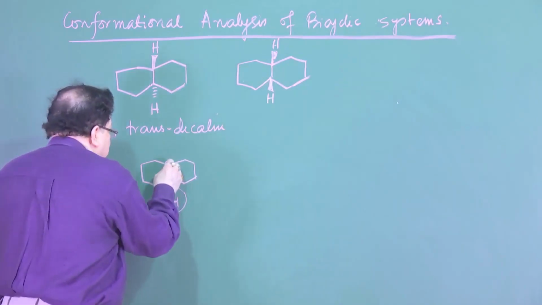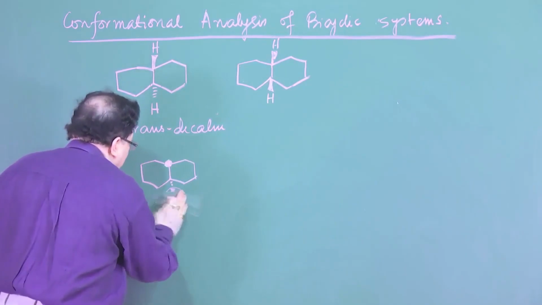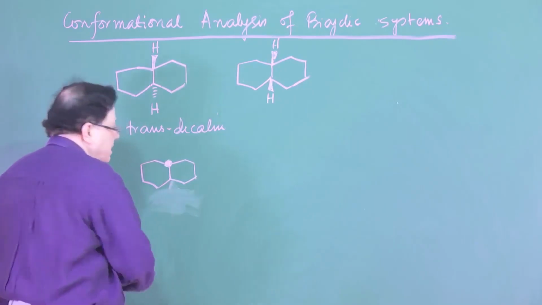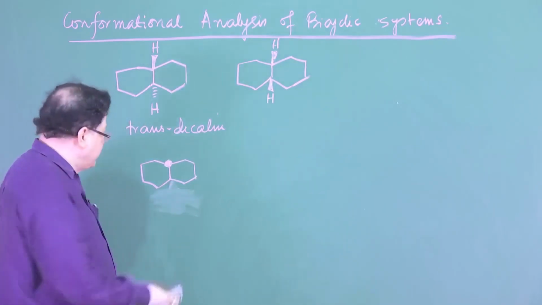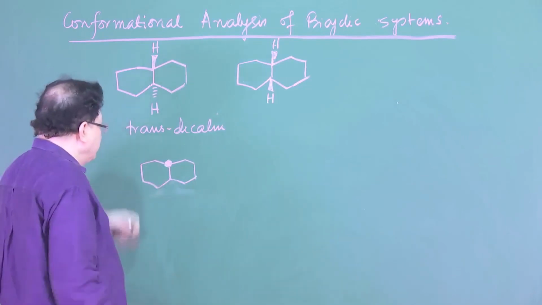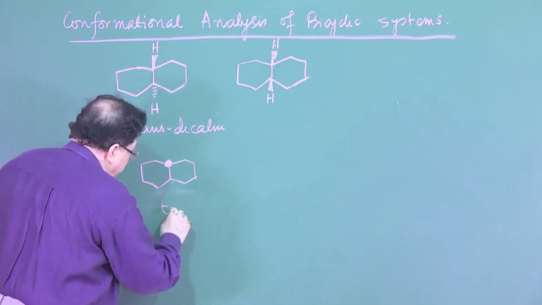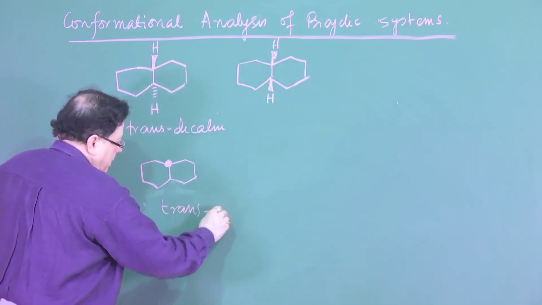If there is a dark circle, the hydrogen is beta, and for alpha hydrogen you do not have to write anything. So if nothing is shown here, the hydrogen is alpha. So this is a representation of trans decalin.